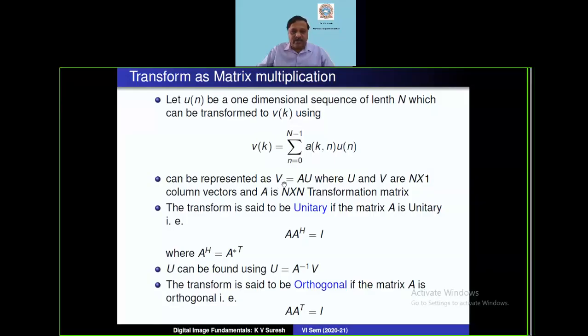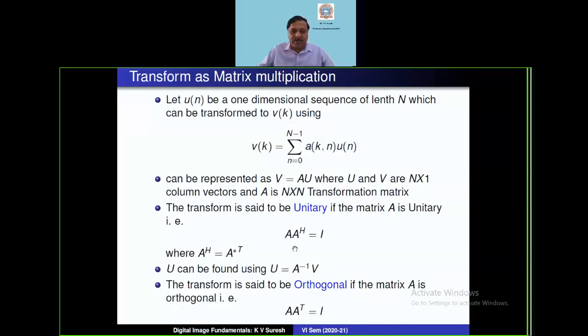The forward transform is to multiply the data in the time domain or spatial domain with a transformation matrix A. And depending on the properties satisfied by this transformation matrix, we classified transforms into what is known as unitary transforms. So a transform is said to be unitary if the matrix A is unitary.